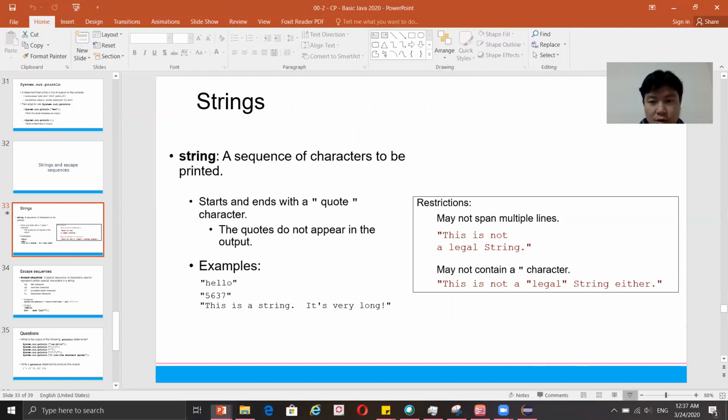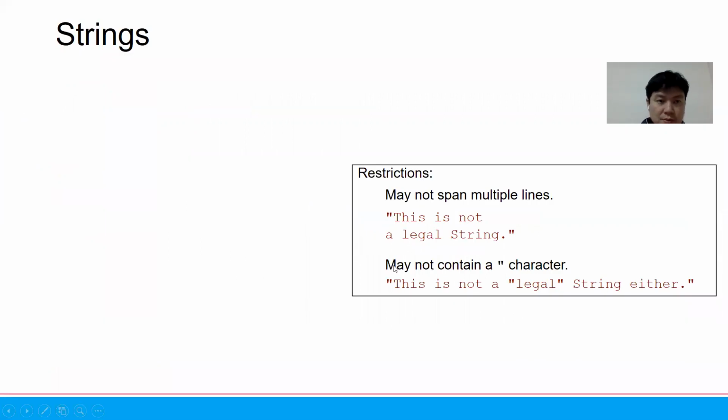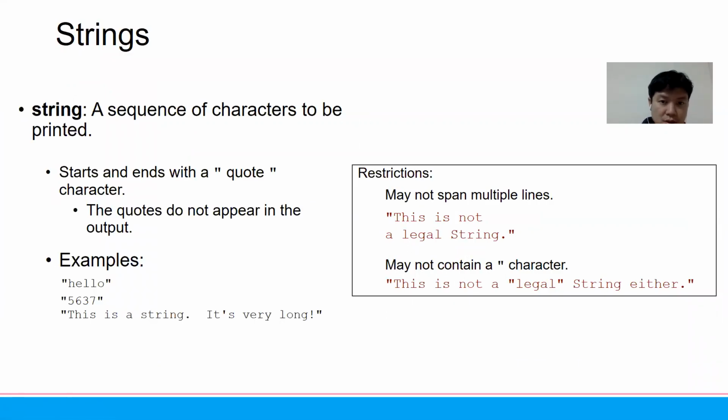In the basic idea of a string, you can see from the hello world that it is in between the quotes: there's a starting double quote and an ending double quote. Any characters in between these double quotes will be considered a string. For example, hello, because hello is in between the double quotes.